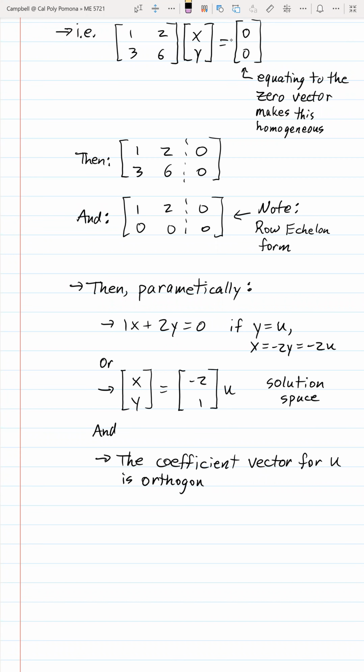It spans the rest of this two-dimensional space because it is orthogonal to the non-zero row vector in the row echelon form of the coefficient matrix.